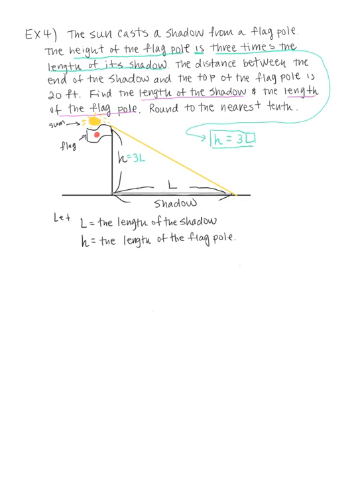Now let's pick out another important piece of information. It says that the distance between the end of the shadow and the top of the flagpole is 20 feet. So the end of the shadow will be right here. And the top of the flagpole will be right here.